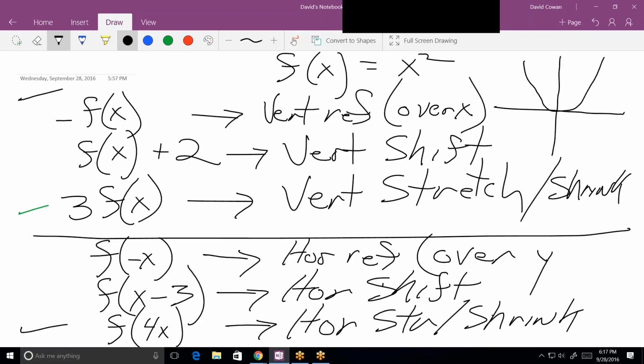It's the parabola y equals x squared. Now let's go down, and in red, what would f of minus x mean? Read it from the page. What does it mean?